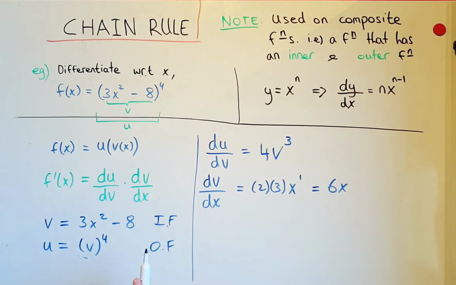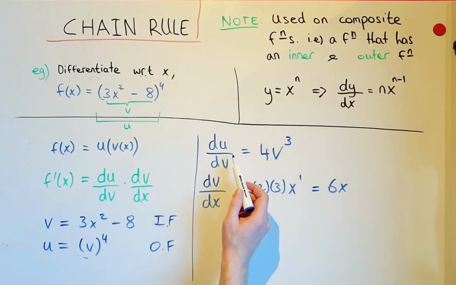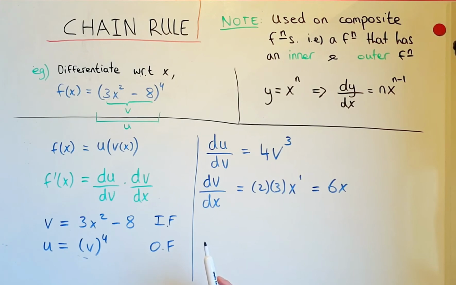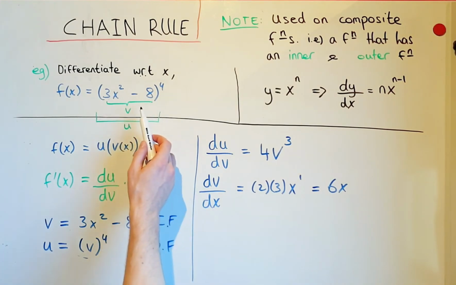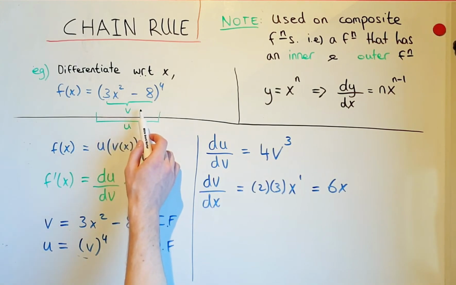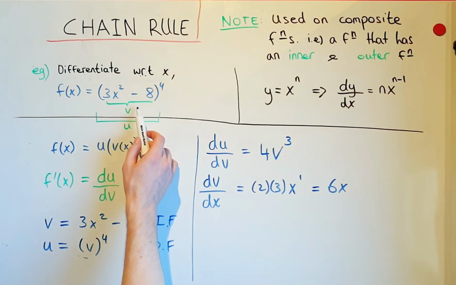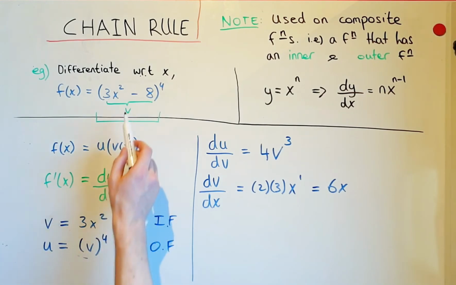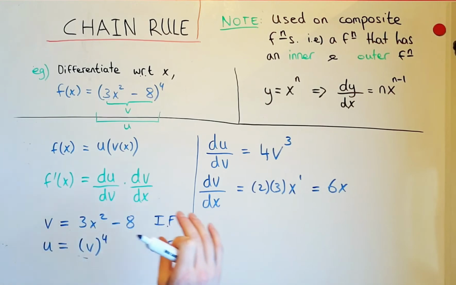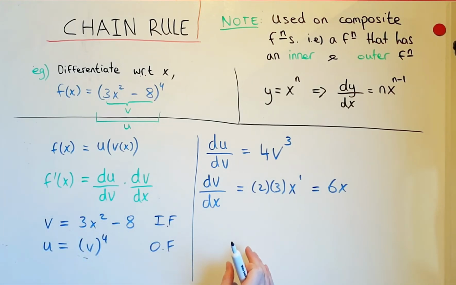The first one would be, alright, so we've found du dv to be 4v cubed. But as you can see in our original equation, we're not dealing with v's. V was just a convenient stand-in that we used as the inner function. And we know the value of v, as we've seen it here, and we denoted it up here. So we now have to put that original v equation back in for v.